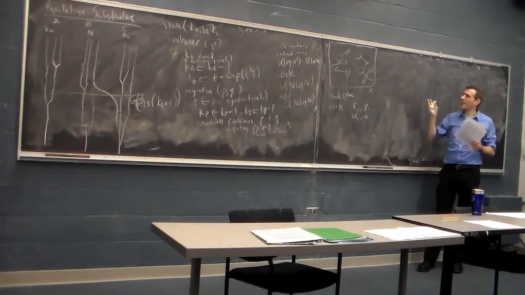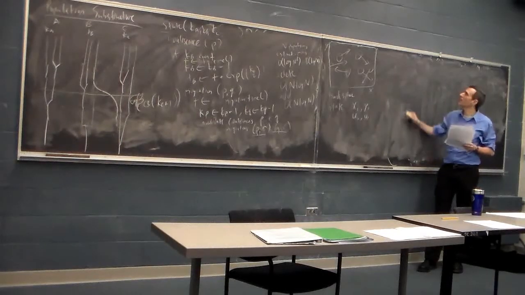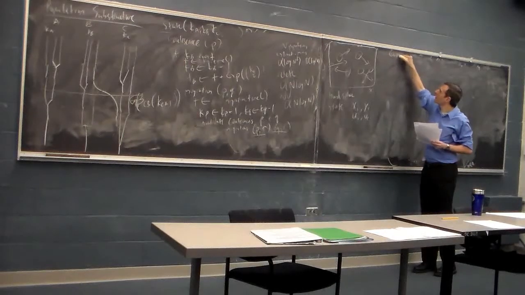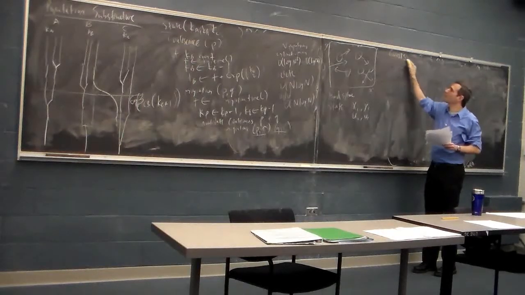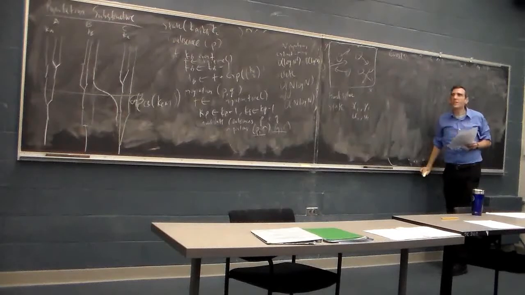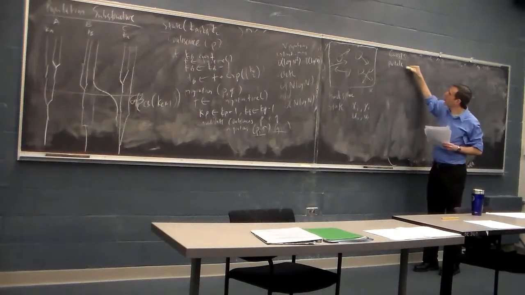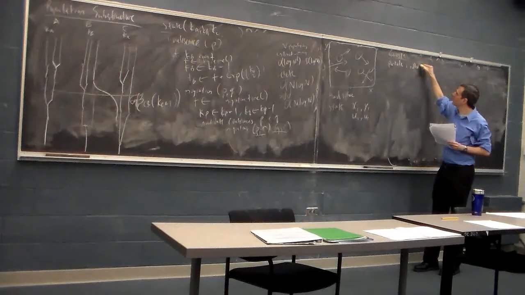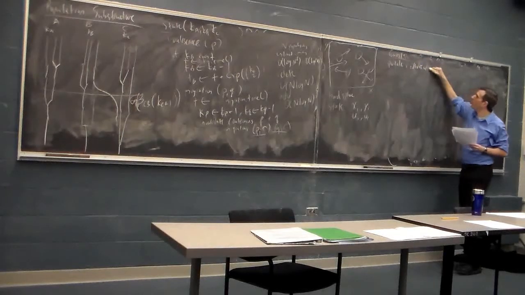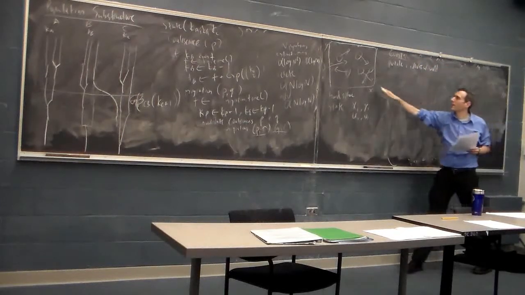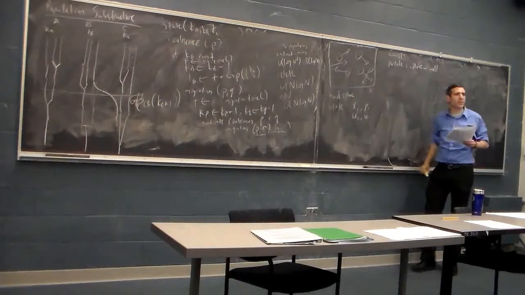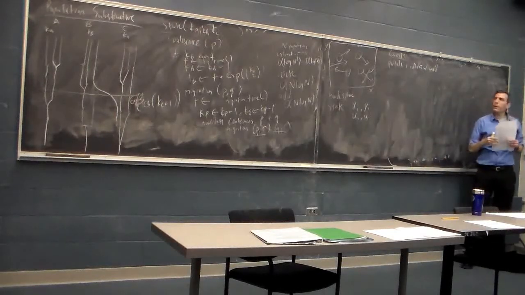We care about when anything bumps into anything else. And we're really going to have to consider two different kinds of collision events. One of these is, let's say, particle i collides with a wall.